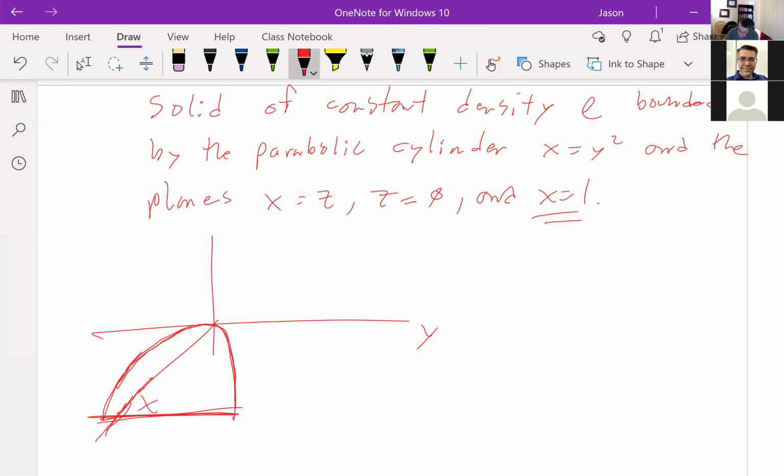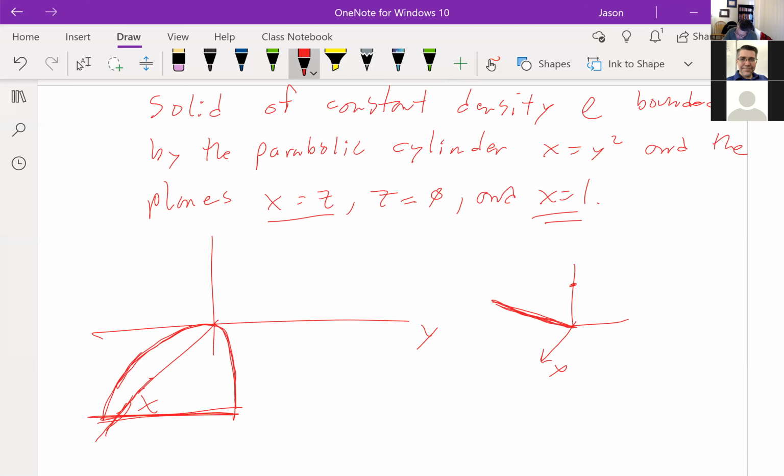So let's think about this for a second. Let me do a little aside here, because I really want to understand what x equals z means. What is that plane? Is it this plane here? No. Oh, it's this plane here, right? The x equals z plane. Does it look like that?